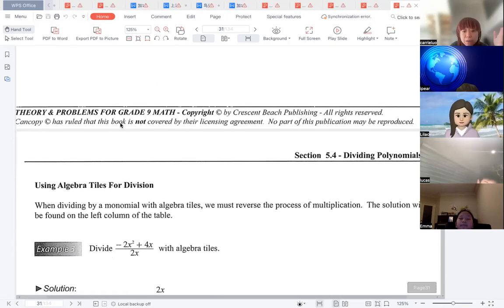Each of them, number divided by number, variable divided by variable. So let's take a look at this one. So negative 2 divided by 2 equals negative 1. And x squared divided by x equals x. 4x divided by 2x equals 2. So the answer is negative x plus 2.